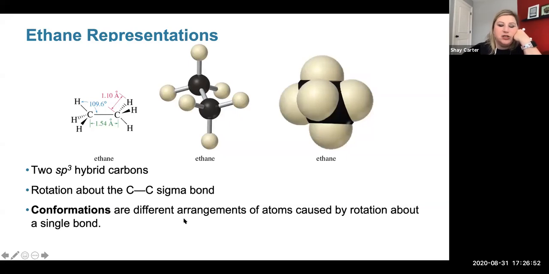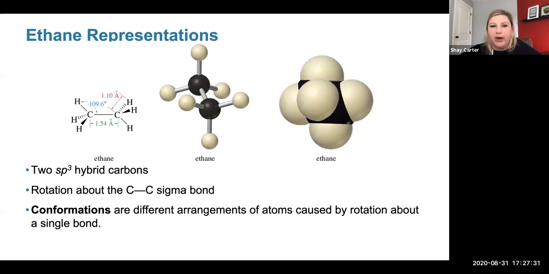Now, conformations are different arrangements of atoms caused by this rotation. If we look at it on the end, we can make this molecule where the bonds completely eclipse. So this front bond is right in front of this rear bond, so the bonds are completely eclipsed. Now, what are bonds made out of?